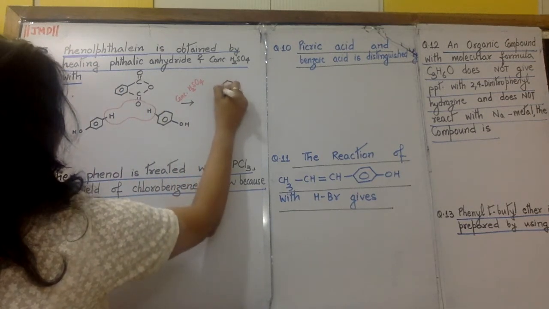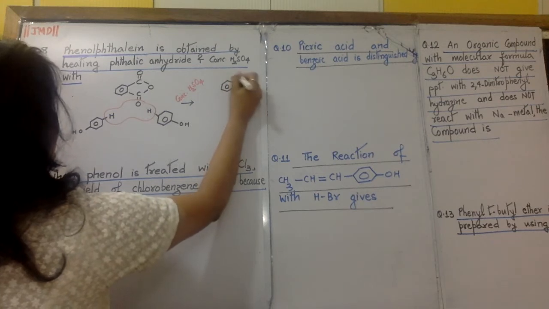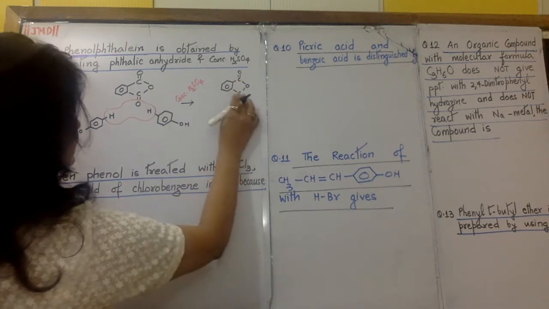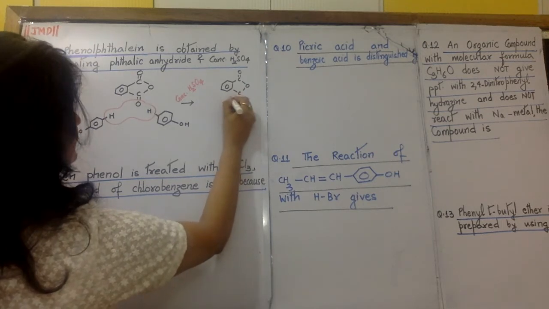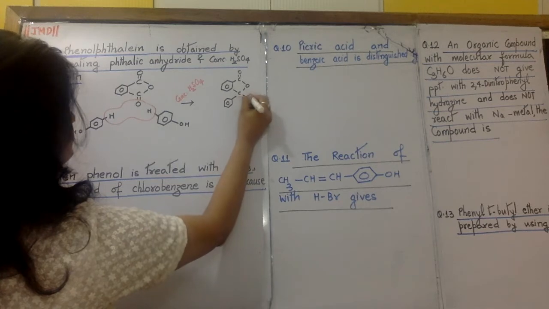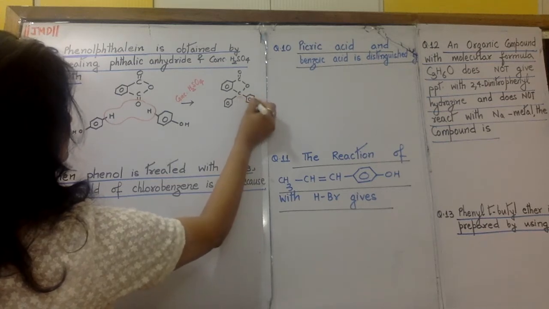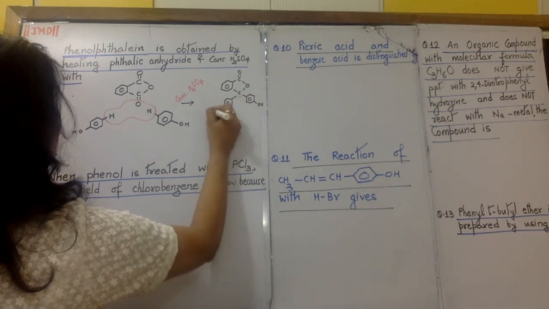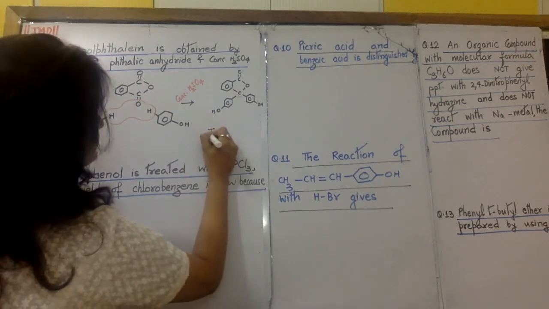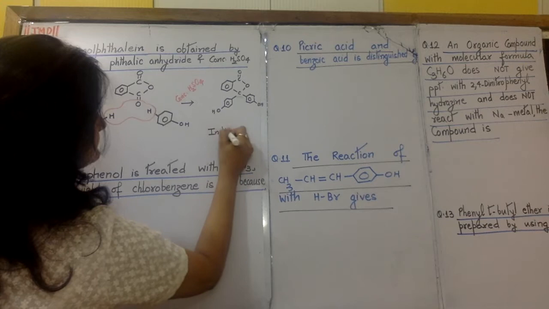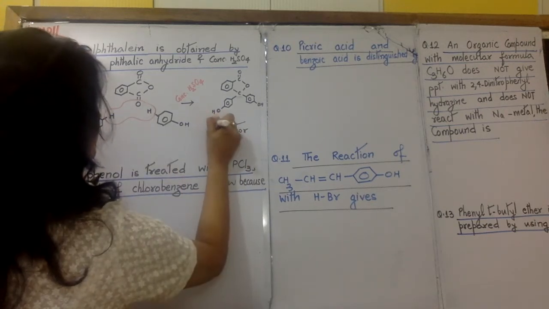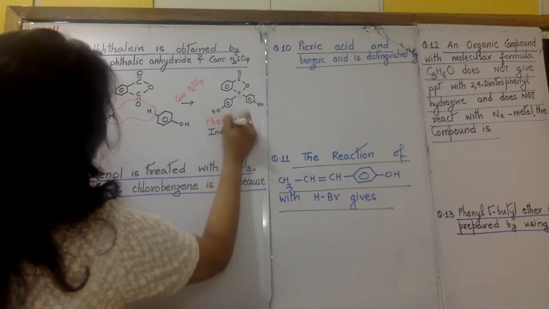So we are getting the structure which is the structure of phenolphthalein. This is an indicator.